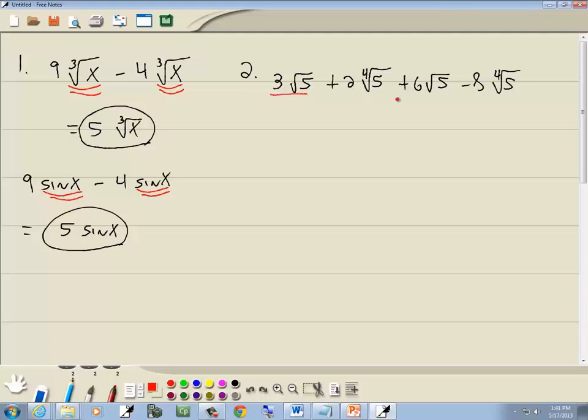So we're going to combine this one and this one together, because they're exactly the same except for the number out in front. 3 plus 6 gives us 9 square root of 5. Now over in these, we got the fourth root of 5. That's the same as this fourth root of 5, which means I can add or subtract the numbers that are out in front. 2 minus 8 gives us negative 6 fourth root of 5. And we can't combine those together because they're not exactly the same. They have to be exactly alike for you to combine them together.